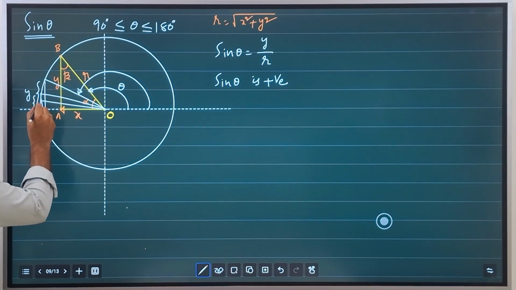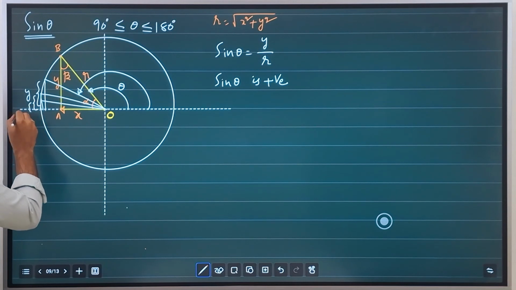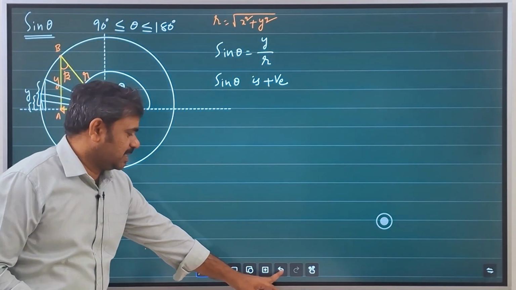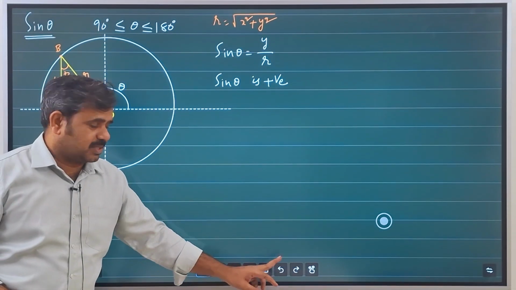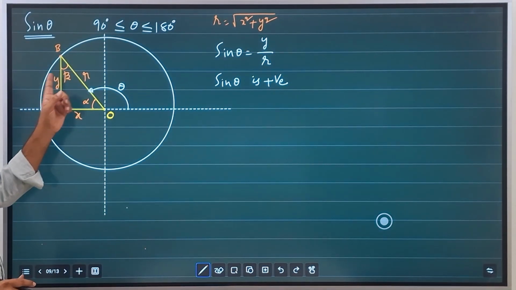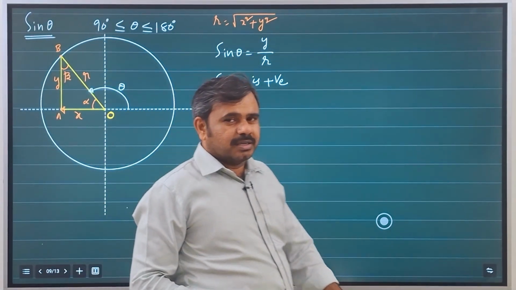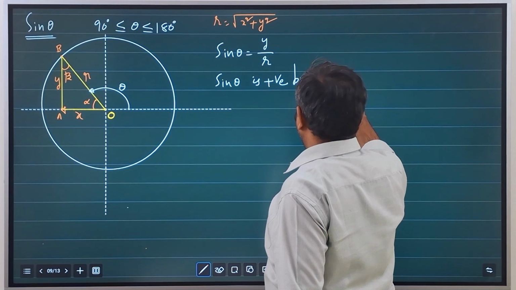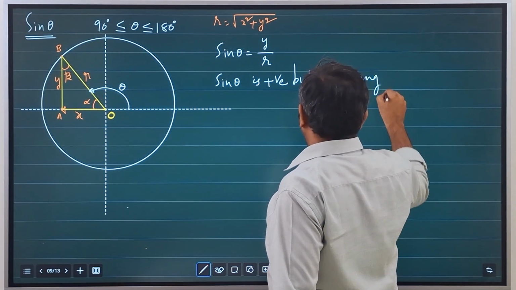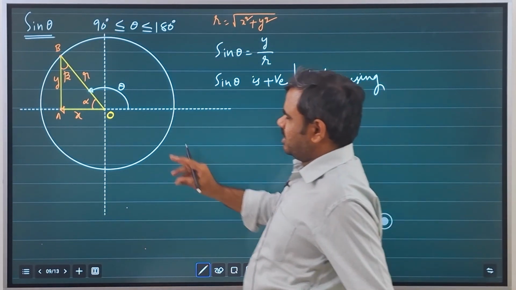So as theta increases, the opposite side y decreases. Sine theta is positive but decreasing as theta is increasing.